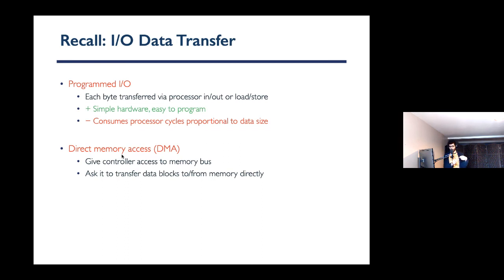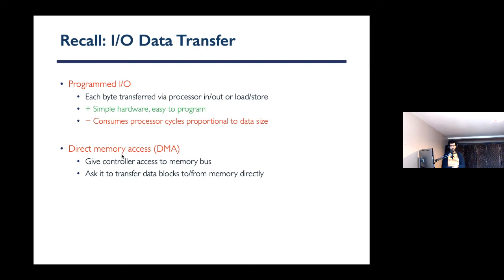The CPU tells the DMA engine to transfer a certain amount of bytes from this address to that address, and then this happens while the CPU is doing some other stuff. The data is transferred between the device and memory, and then once the data is there, an interrupt is raised, and then the CPU gets to know that the transfer is over.